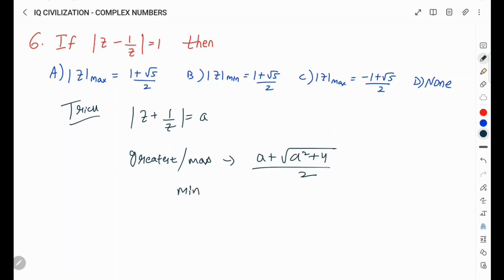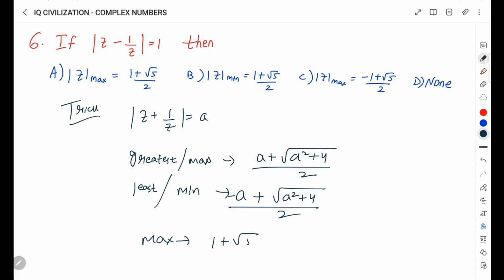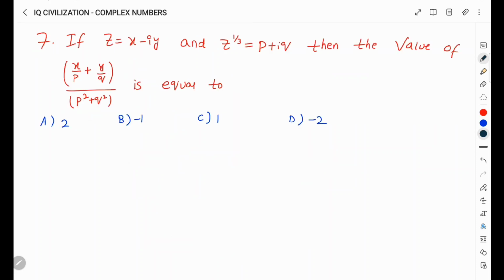If min or least is asked, the formula is (a - root over a² + 4) by 2. Now here, maximum and minimum are asked. So first we will find max. Max is equal to (1 + root 5) by 2. So in this way we can get the answer directly, and you can check the options.